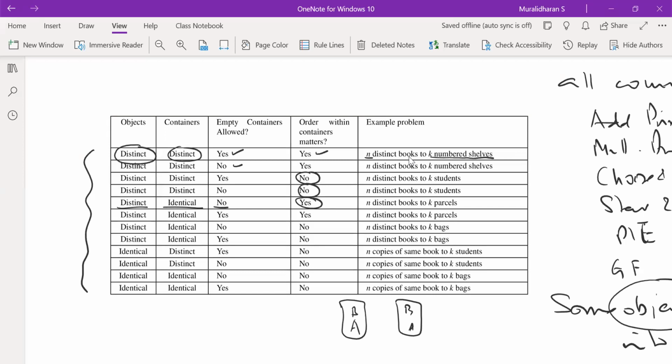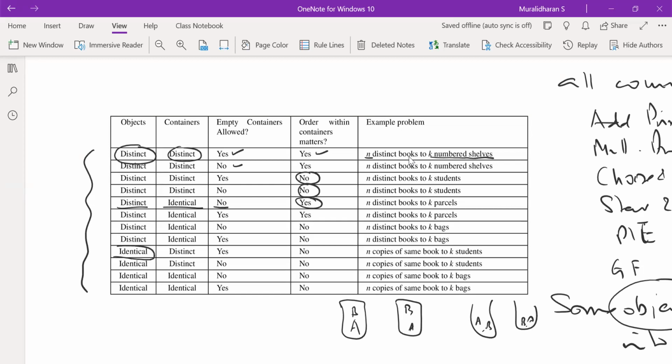So the order is important, and the parcels can be distinct or identical also. Similarly, empty containers can be allowed, and some parcel can be empty. Now, when the order is not important, I'm just putting the books in a bag, so whether I put BA first or AB second doesn't matter at all. So I have two more cases.